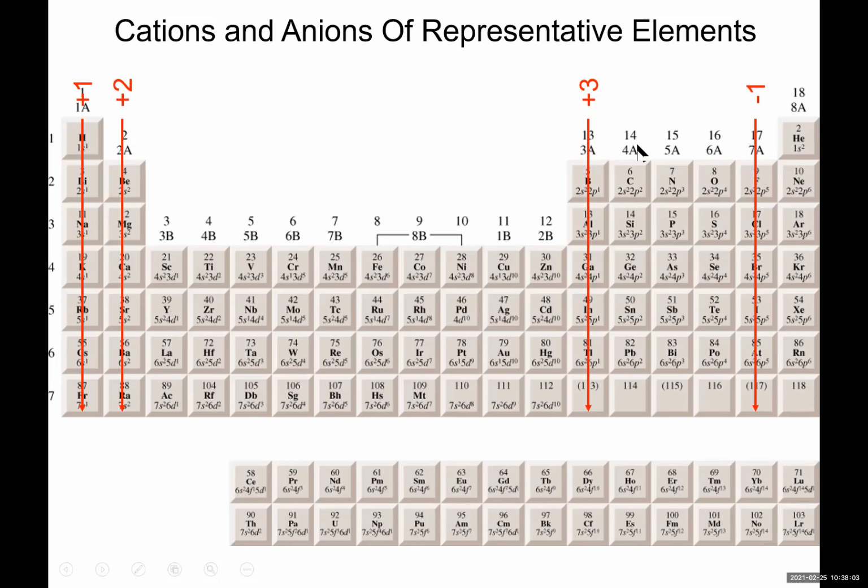And if I go to group 7, they're all nonmetals. They have 7 electrons in the outer shell. The shortest way for 7 to become 8 is to gain 1 electron. So the charge is -1. Oxygen has 6 electrons.